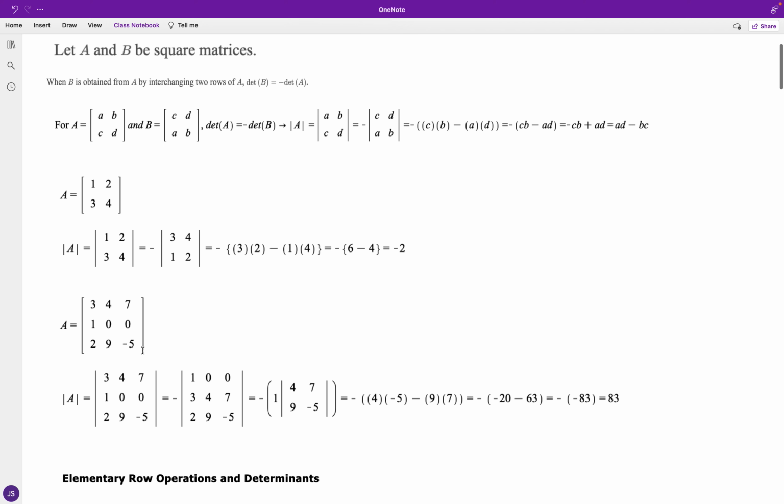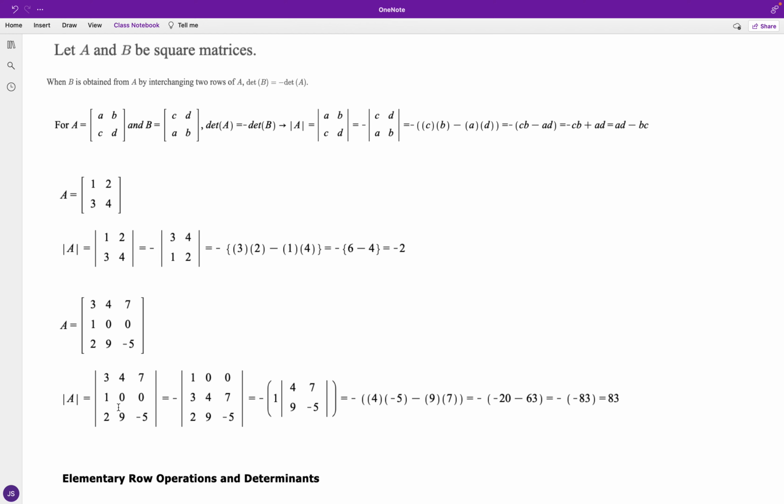Say for this particular 3 by 3 matrix, we have the top row 3, 4, 7, the middle row 1, 0, 0, and 2, 9, and negative 5 at the bottom. In terms of working with minors and cofactors, you want to potentially reduce the amount of work that is done, and notice we have a couple of zeros in the middle row.